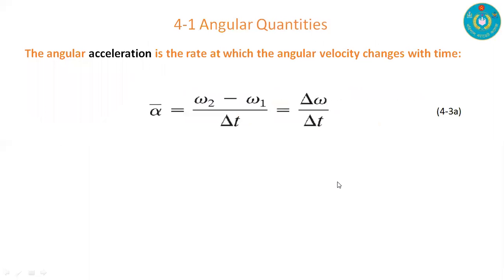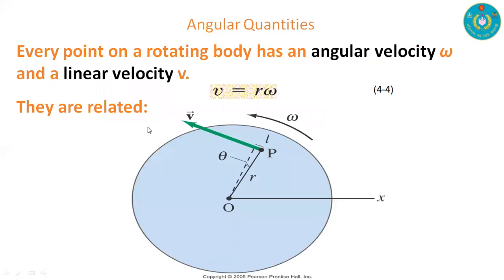And the angular acceleration is the rate at which the angular velocity changes with time. Here we have the equation alpha equals del omega by del t, and we can read this equation as the rate of change of angular velocity is called angular acceleration. Every point on a rotating body has an angular velocity omega and a linear velocity v, and we have the equation v equals r omega, and they are related.